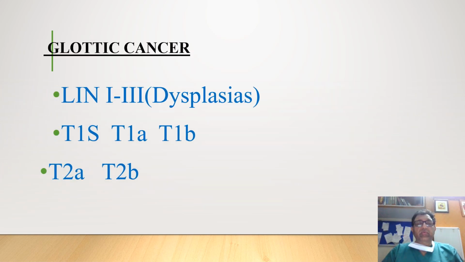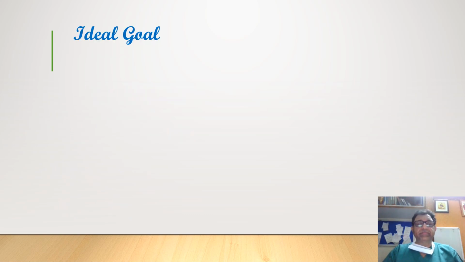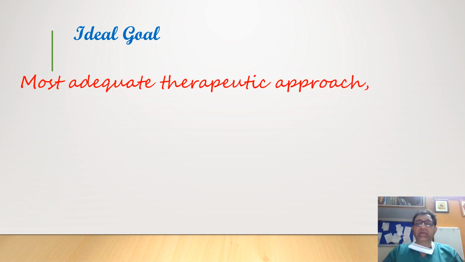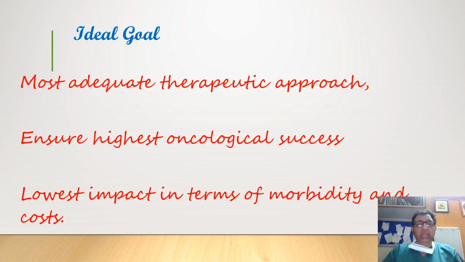So we are focusing mostly on the early glottic cancers like dysplasias and T1, T1B and T2A. These are the early glottic cancers. So the ideal goal of transoral laser surgery is the most adequate therapeutic approach, ensuring highest oncological success in the range of more than 90% and lowest impact in terms of morbidity and cost.